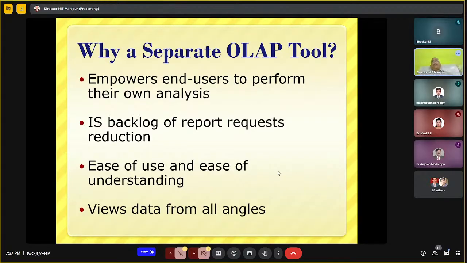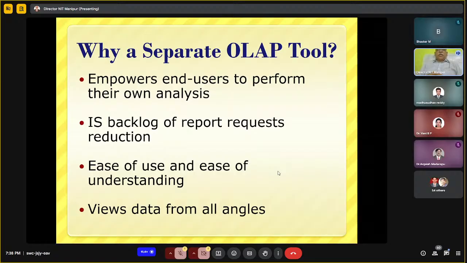That's why we empower the end users to perform their own analysis by playing with the structure that is created using OLAP software, so that they can view the entire 360-degree view of data with different combinations.